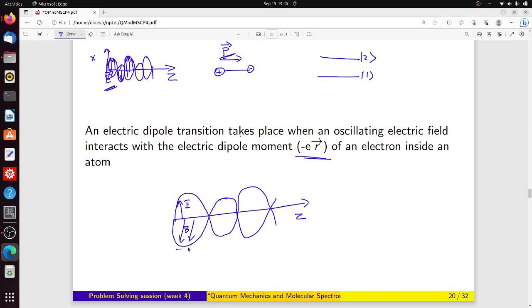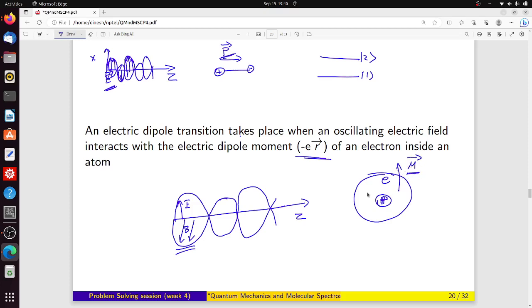Right. So if we have a magnetic field and some magnetic moment, let's say there is a positive charge, some hydrogen, let's say a proton, and one electron is revolving around it. The revolution of the electron will induce a current, so effectively you will have a magnetic moment also.